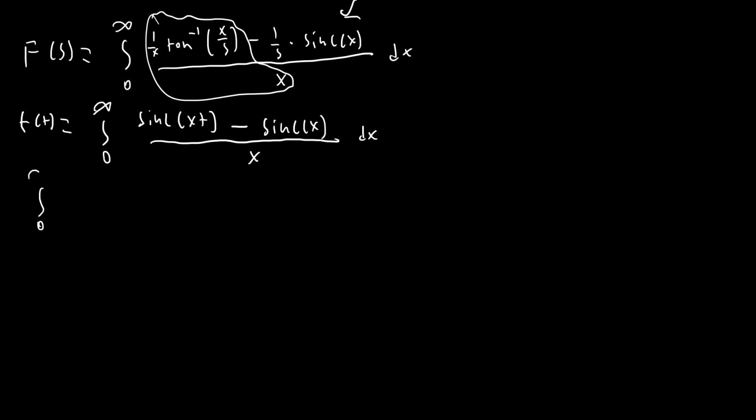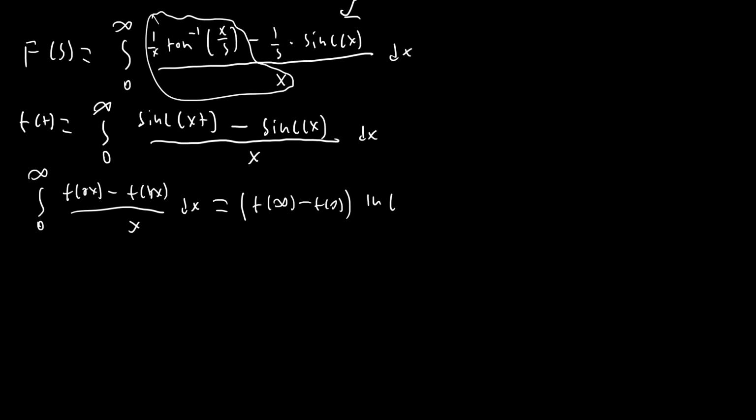And this is what's called a Frullani integral. If you don't remember, a Frullani integral is the integral from 0 to infinity of f of ax minus f of bx all over x dx. And just using some simple Feynman integration, it's easy to show that this is equal to f of infinity minus f of 0 times ln a over b. So in our case, sinc of infinity is just 0.